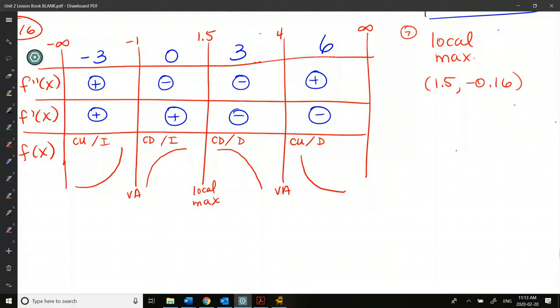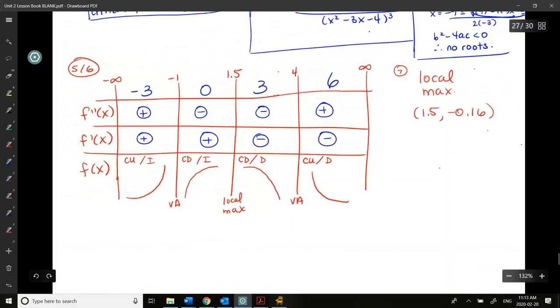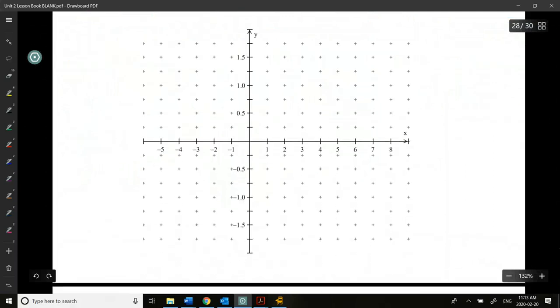Okay, and then our last thing is just a sketch. So don't forget your horizontal asymptote above. We didn't use it in the chart just because it's part of the range, not the domain. So graph your asymptotes to start. So -1 and 4.